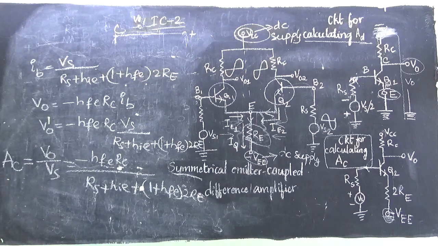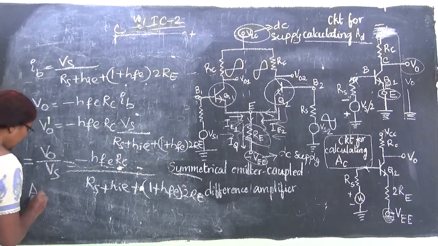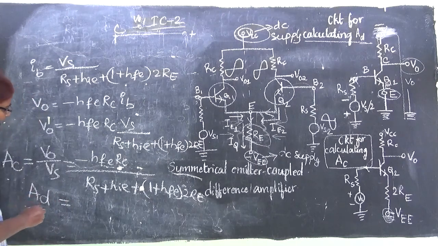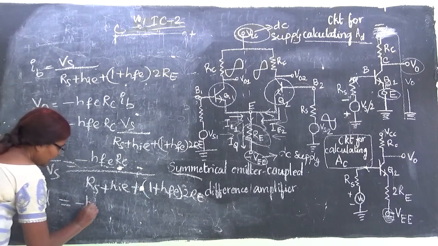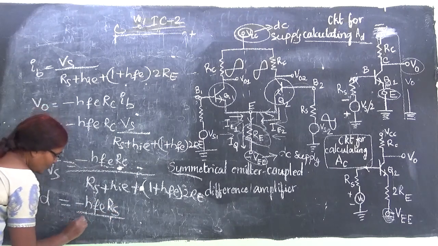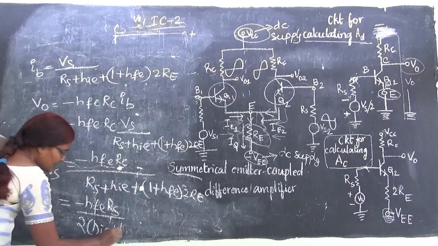So what is my CMRR going to be? Remember the differential gain which we learnt in the previous session: minus hfe RC by 2 into (hie plus Rs).